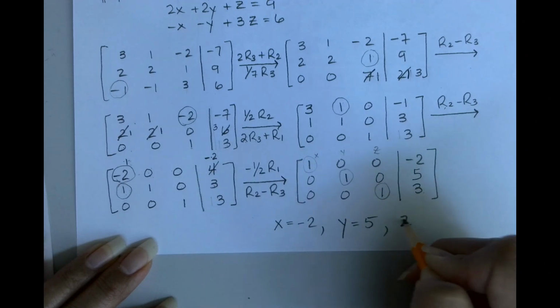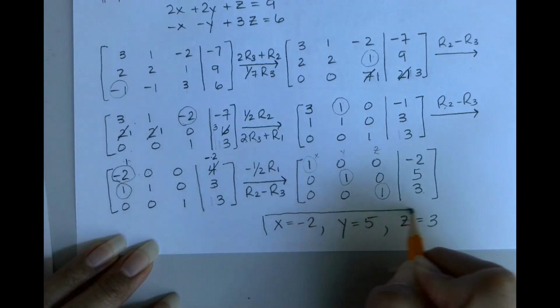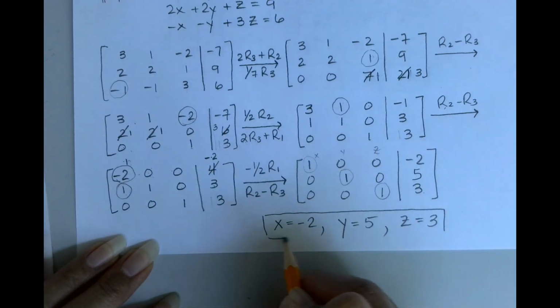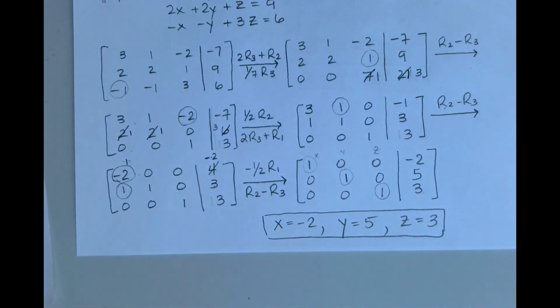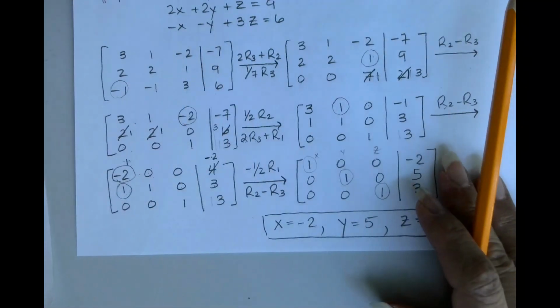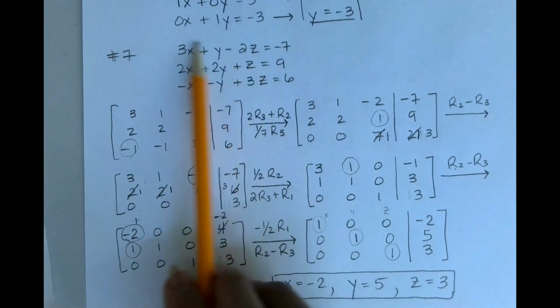z is a 3. So this method helps us a lot in solving 3 by 3 matrices, because imagine having to solve this matrix here with the first method we did.